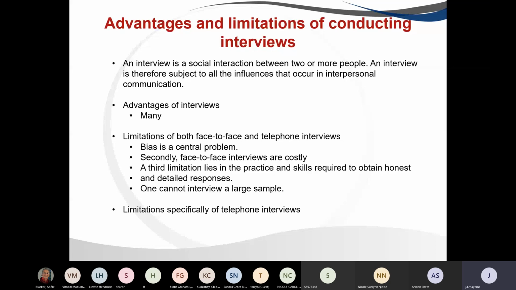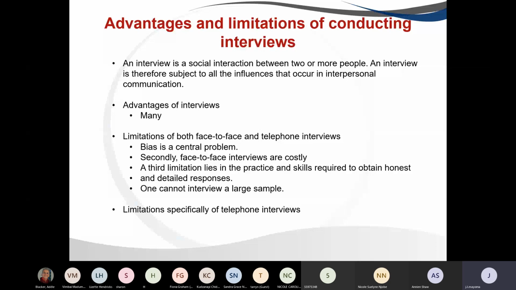So the major thing is bias. We can't really escape it in research or in life, really, because we are ruled by our biases and we're always operating from a space of bias. So yes, bias is a problem. As an interviewer, you might hold a biased opinion towards the person you're interviewing because of their race, their age, their gender.